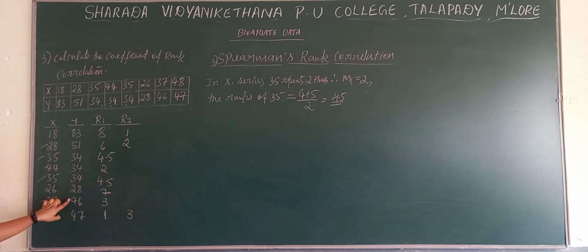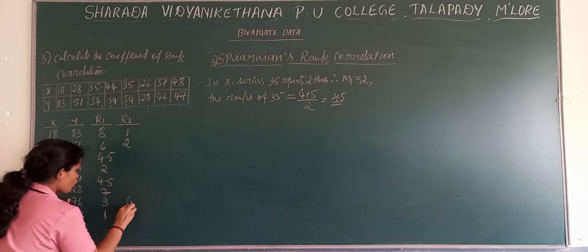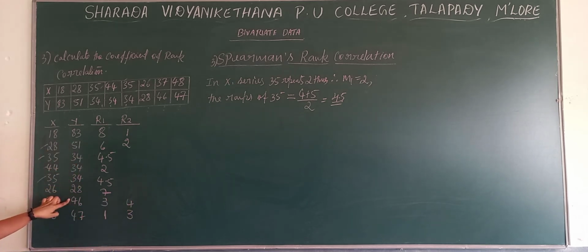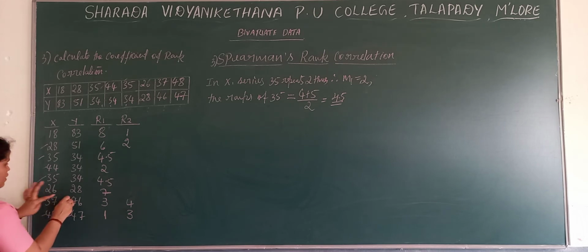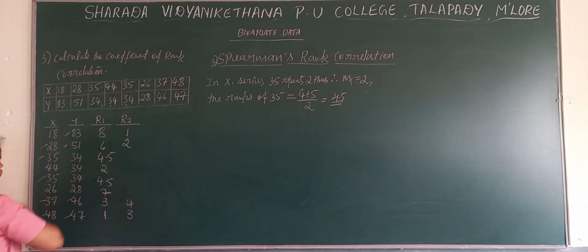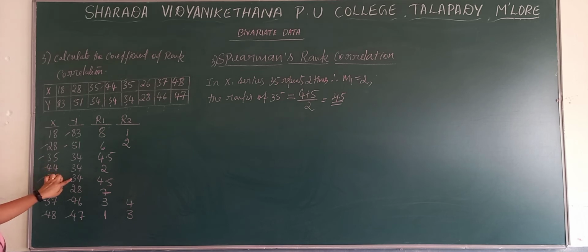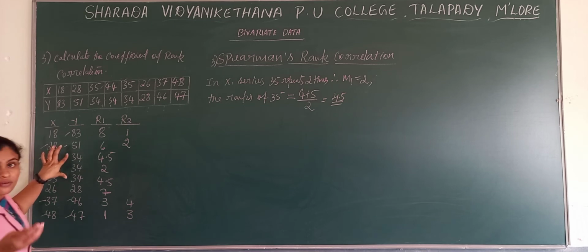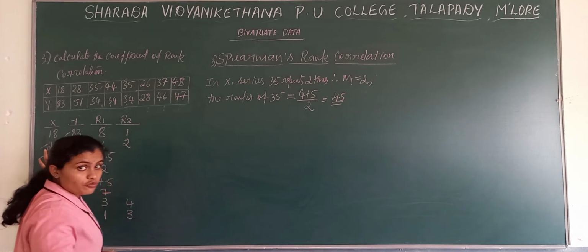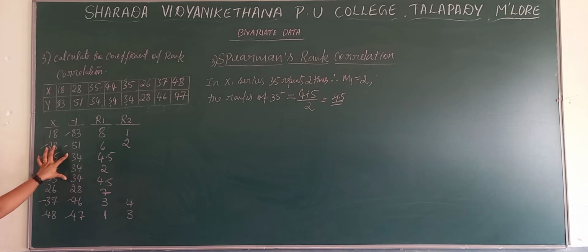Then we have 46 as fourth rank. 83, 51, 47, 46, first, second, third and fourth over. Next, the fifth position, that is 34, but it takes 3 positions here: fifth, sixth, seventh, because 34 repeats thrice.